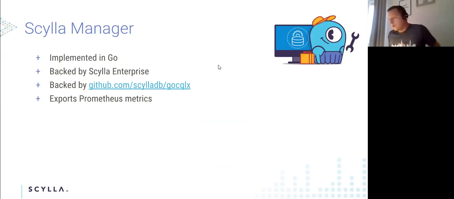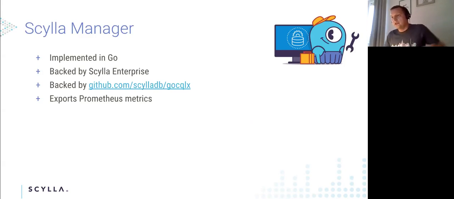Scylla Manager, both client and server, are implemented in Go. And Go is a pretty good language for this kind of tooling because it has a pretty good networking library. It's pretty efficient in terms of development efficiency. It's nice to work with, and the performance is also good. The server itself is stateless, or more or less stateless.